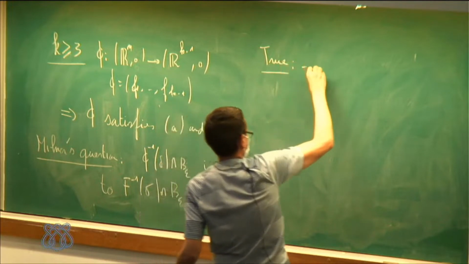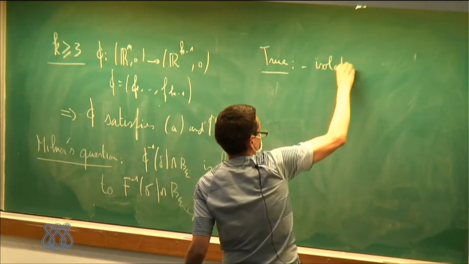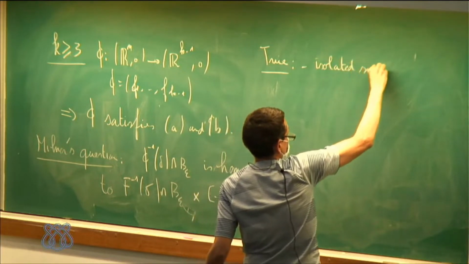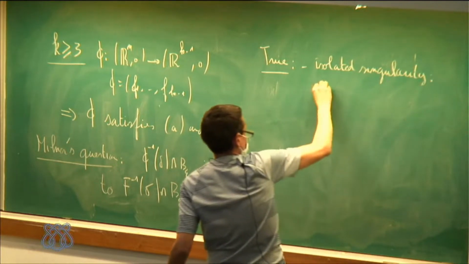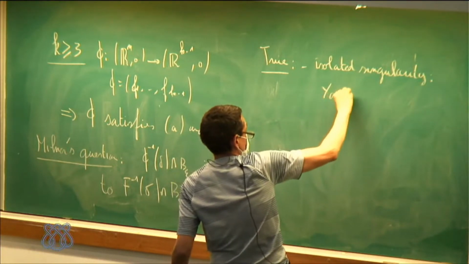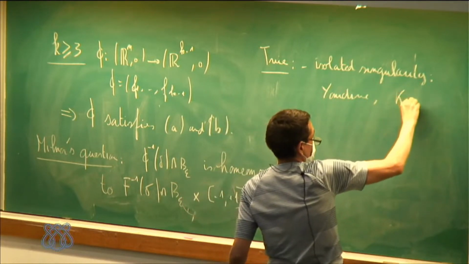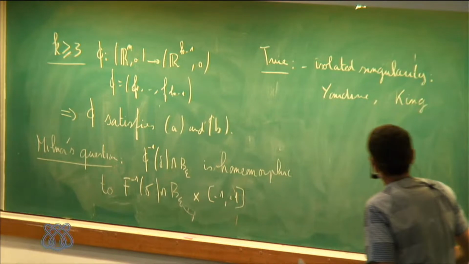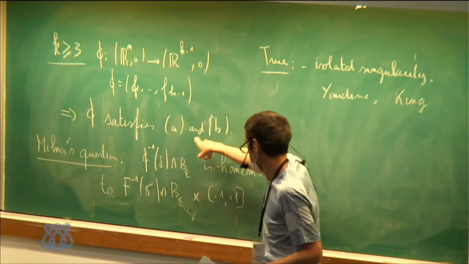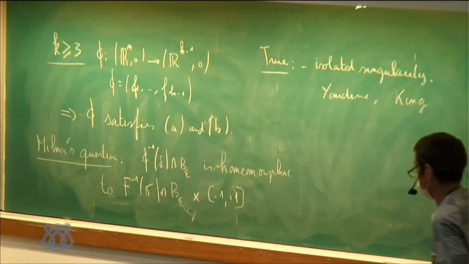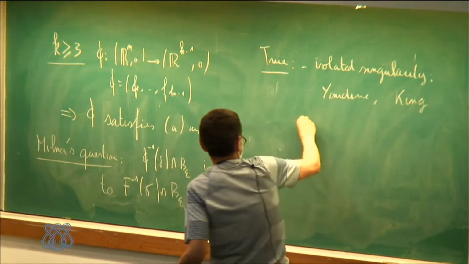So in case of isolated singularity, it was proved by Yomdin and also by King in his PhD thesis in the 70s. And then in the more generic case of a non-isolated singularity, but with condition A and B, we proved it with Raimondo.